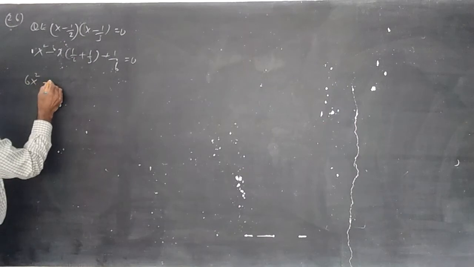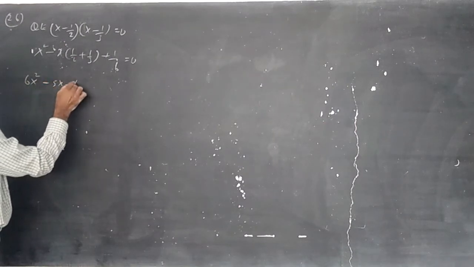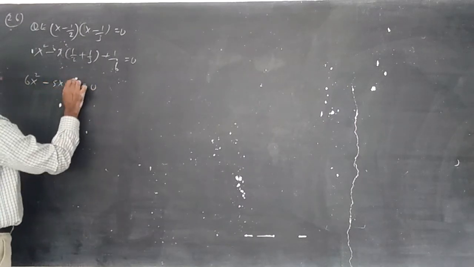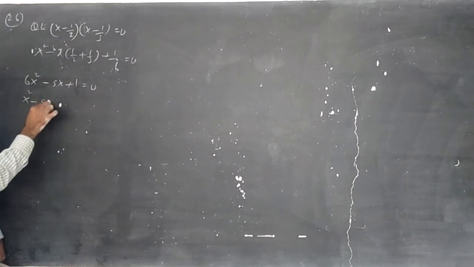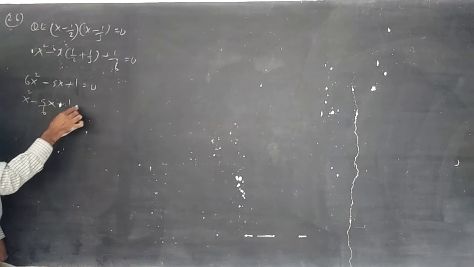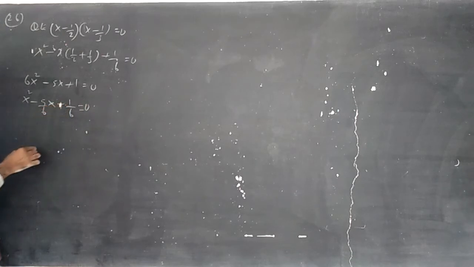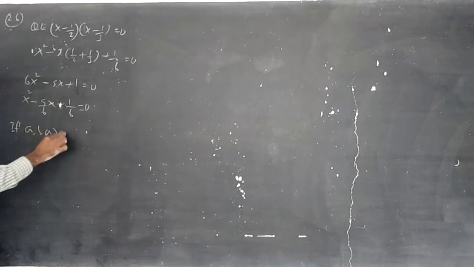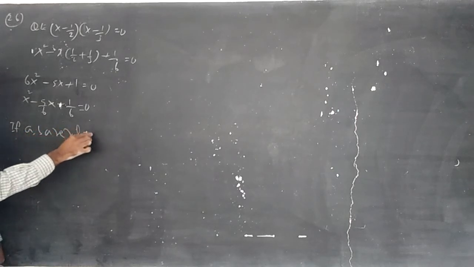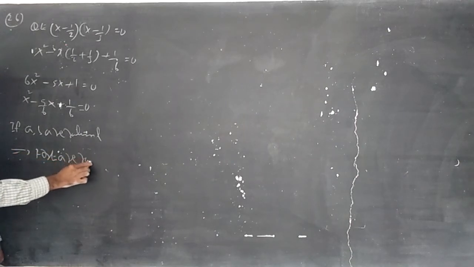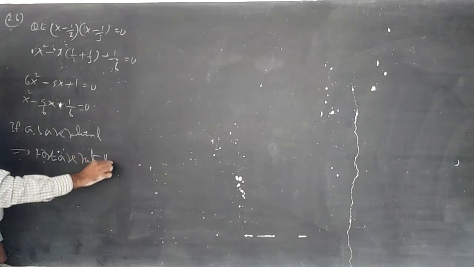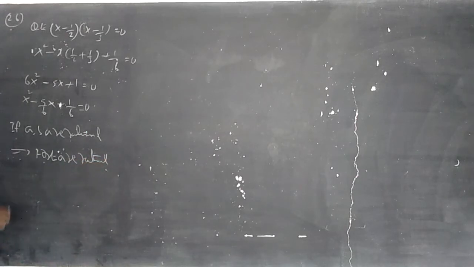This can be written as 6x square minus 5x plus 1 equal to 0. So x square minus 5 by 6 x plus 1 by 6 equal to 0. If A, B are rational, that implies roots are rational.